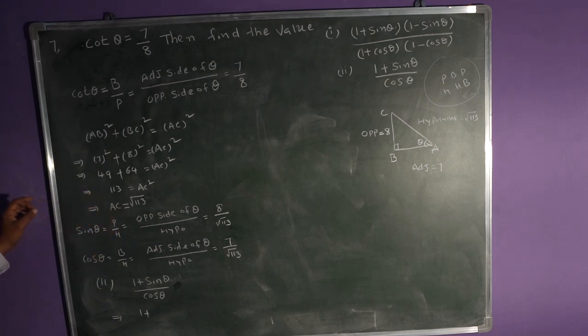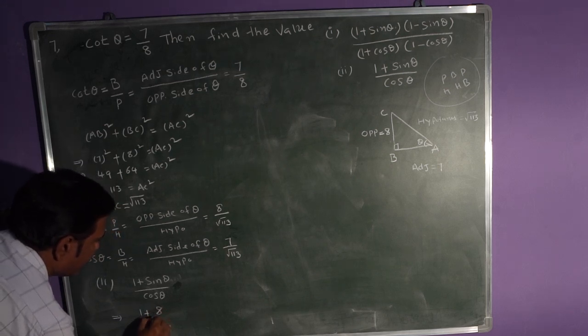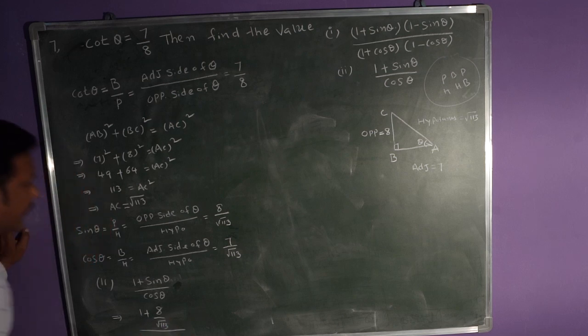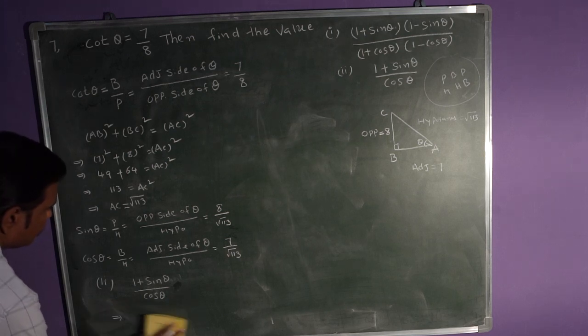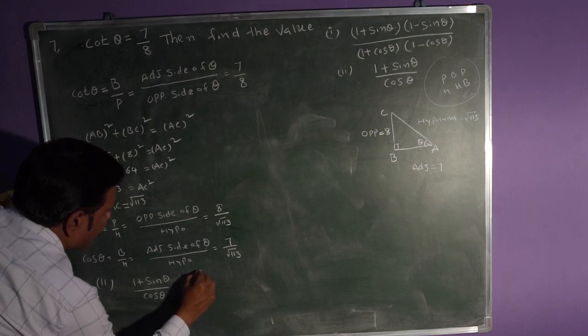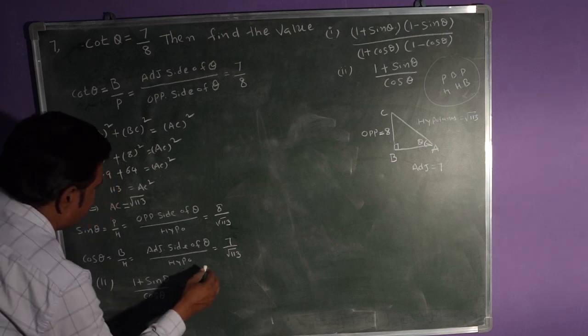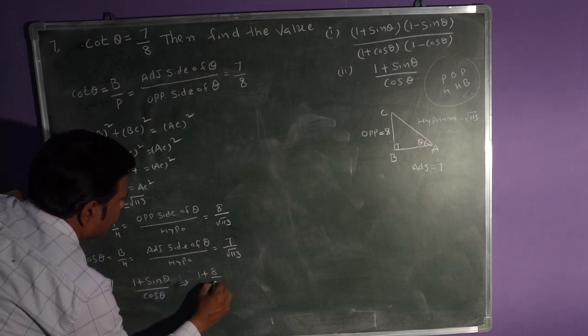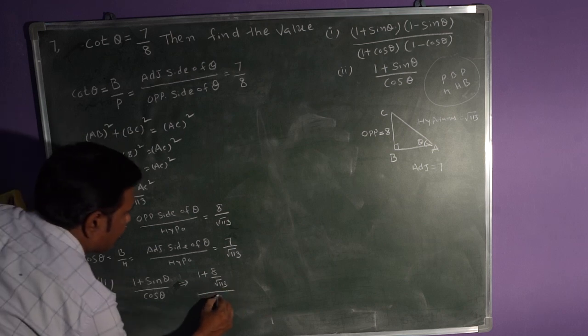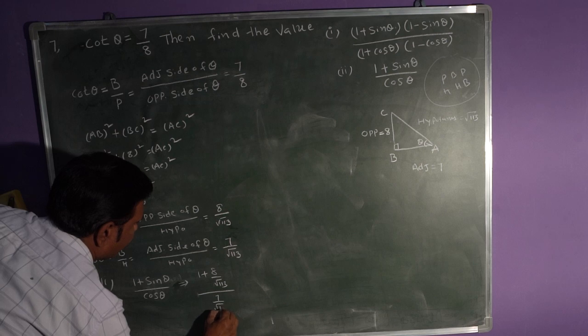Sine theta means 8 by root 113, divided by cos theta, which is 7 by root of 113.